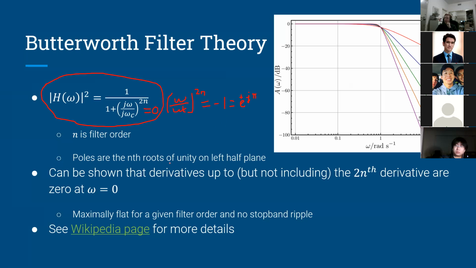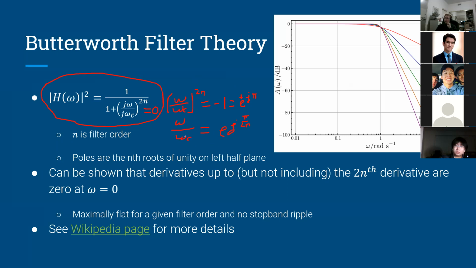Now if you raise both sides to the power of 1 over 2n, you get omega over omega c equal to e to the j pi over 2n.